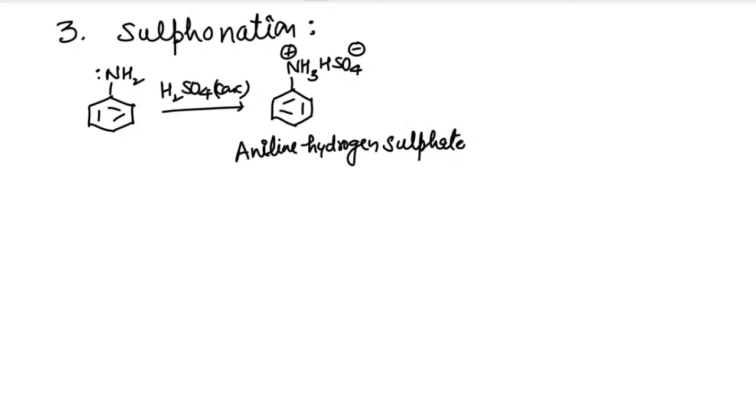Okay, after getting this aniline hydrogen sulfate, when it is heated at 453 to 473 Kelvin, we get the rearranged product, in which this NH2 and SO3H, that is called sulfanilic acid.